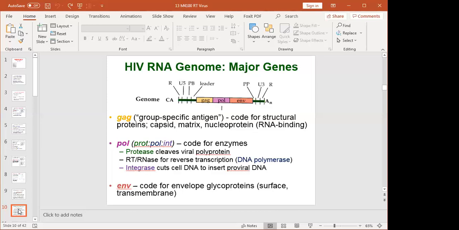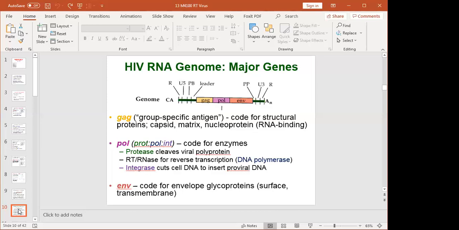RT and RNase are DNA polymerases, and both are coded by the Pol gene segment, and both are required for reverse transcription. And as I mentioned before, integrase is a nuclease that cuts host cell DNA, thereby providing the physical space for the insertion of proviral DNA into host cell DNA.